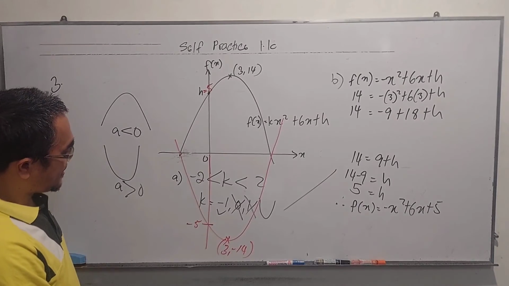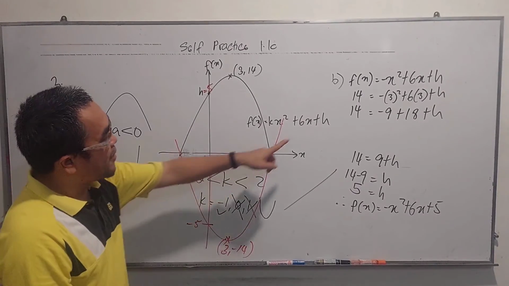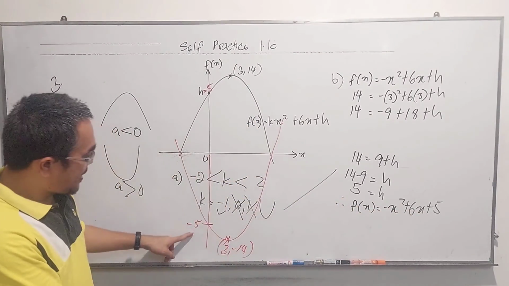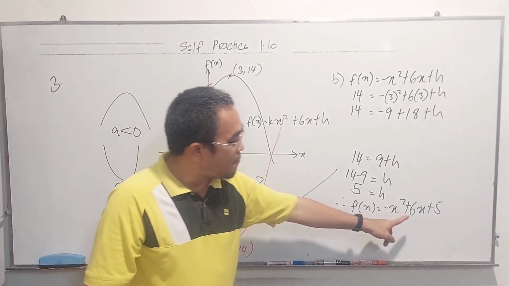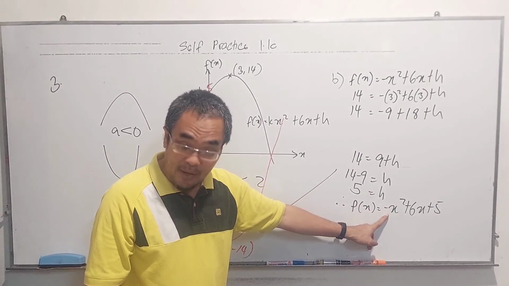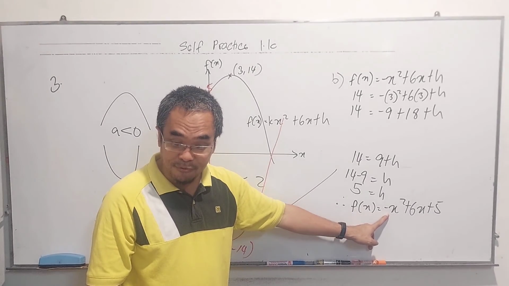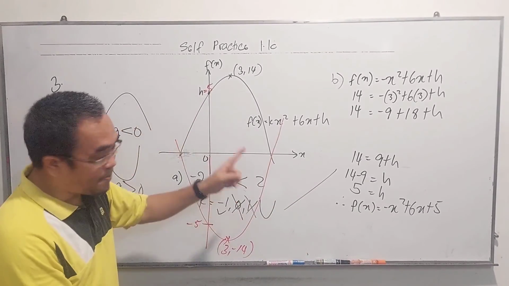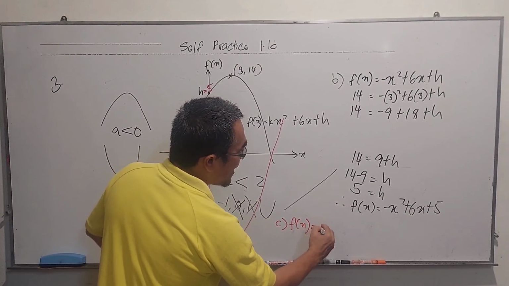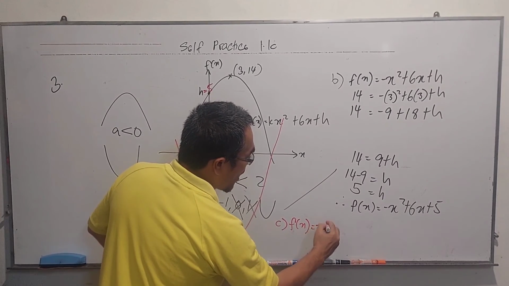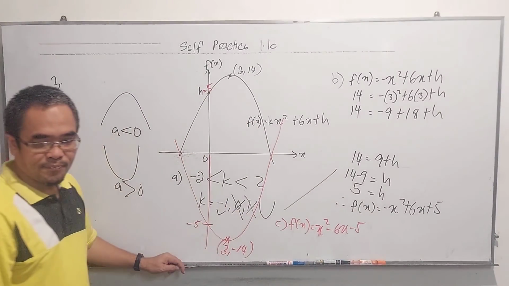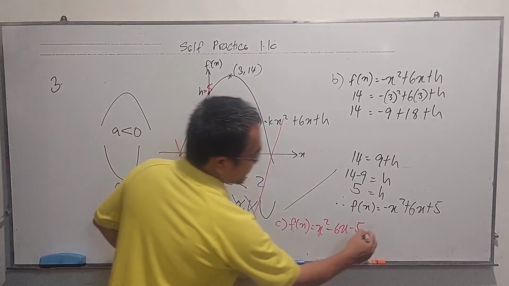What you have to understand is that apart from the value of c, which is now 5 changing to -5, the value of this one also changes to negative, and the value of a will change to positive, because now it is a smiley. So the answer for C will be f(x) equals x squared minus 6x minus 5. Okay, any questions?